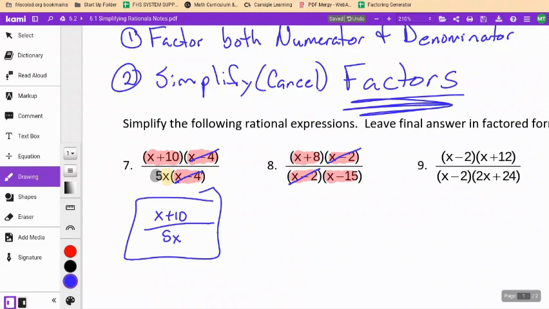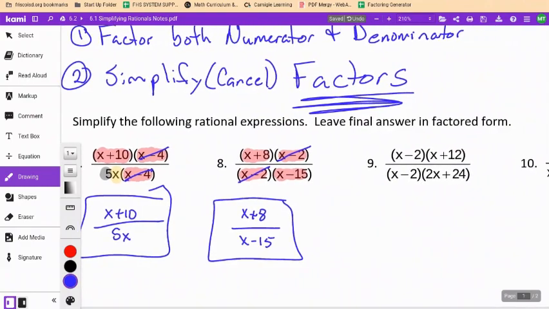Now I write what I have left: x plus 8 in the numerator and x minus 15 in the denominator. Again, these are terms now. I cannot cancel this x with that x because they're terms. They need to be factors. All right, so that's my simplified answer.